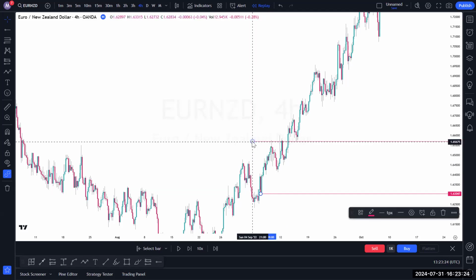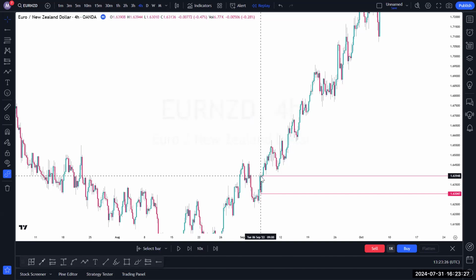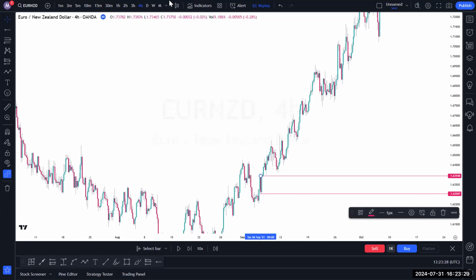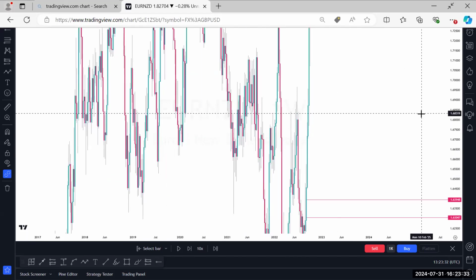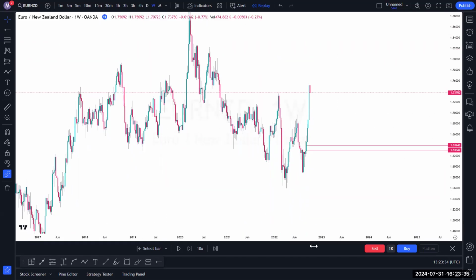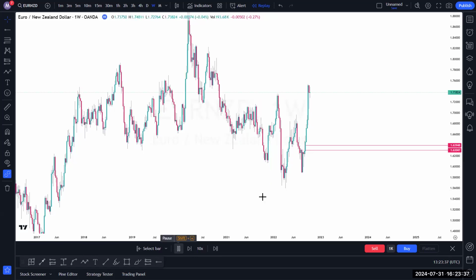This was an area of liquidity. So sometimes you won't be getting what you expect. We trade what we see, not what we expect. This is one of the rules of the strategy. We trade what we see, not what we expect.